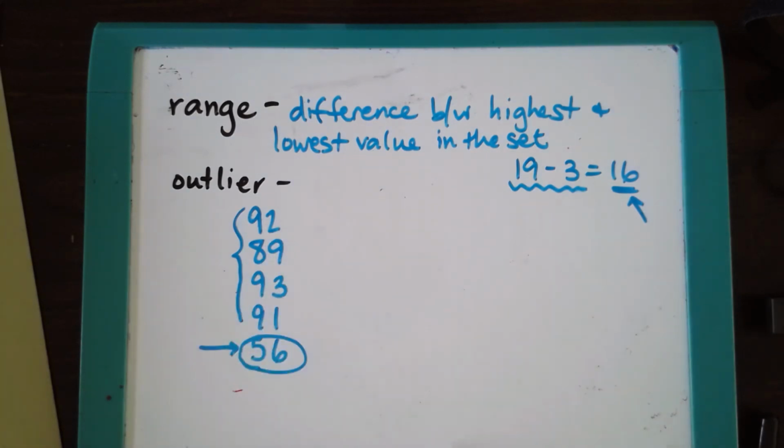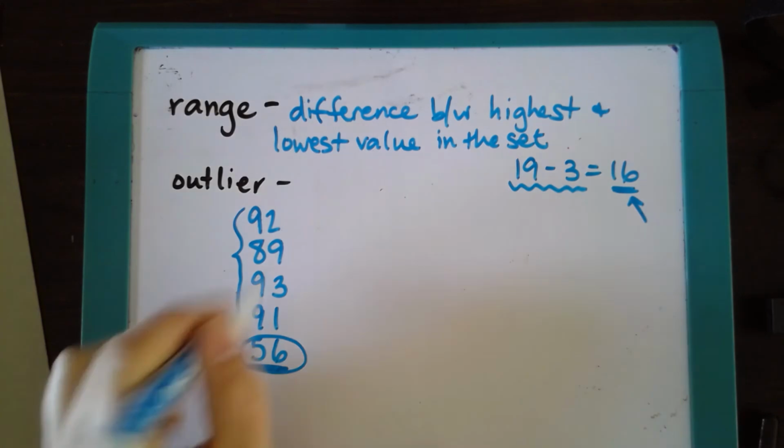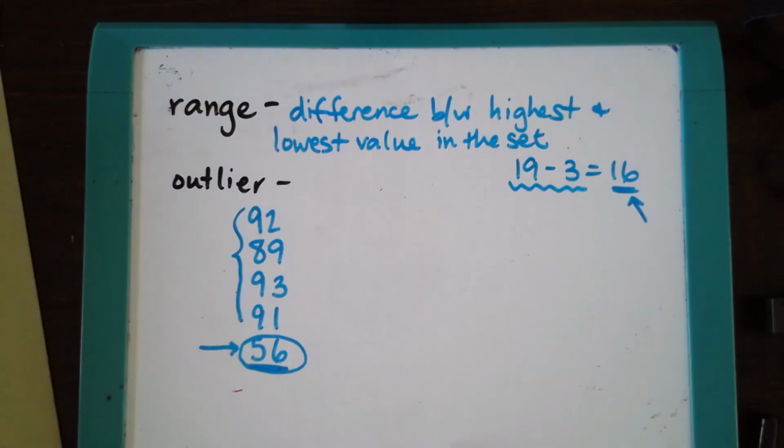And often that's where the really good stories are, actually. I want to know what's going on, and why this person has 56% in one class and a 90 average in all the rest of their classes. So outliers can be very informative. They also mess around with our data a little bit, which is okay.